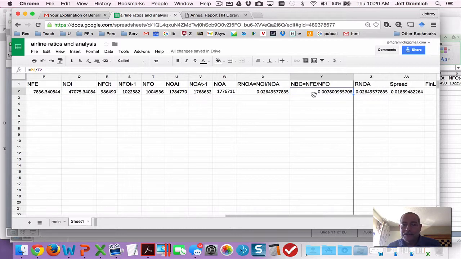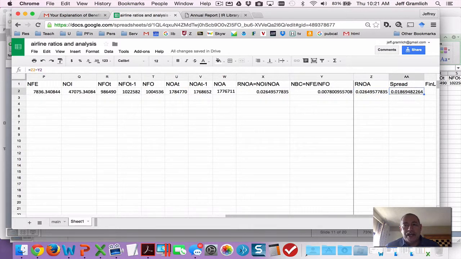So we have this spread that the common equity holders get, and that is 0.0187. So they have an overall return to all of the investors, plus they have a spread over the cost of the outside investment, which is the debt. And that spread goes to the common stockholders.